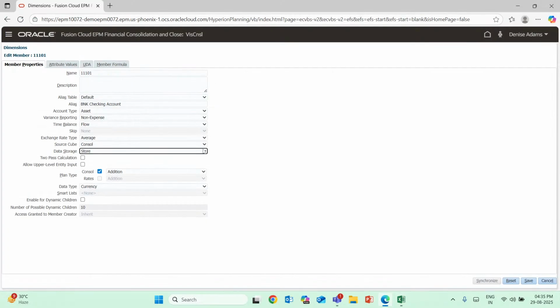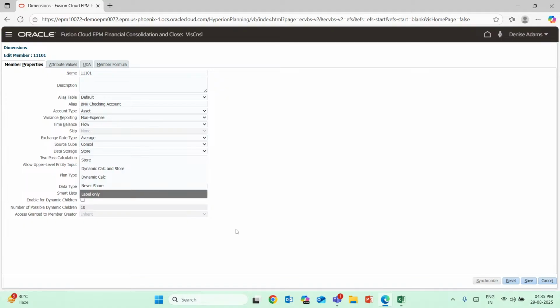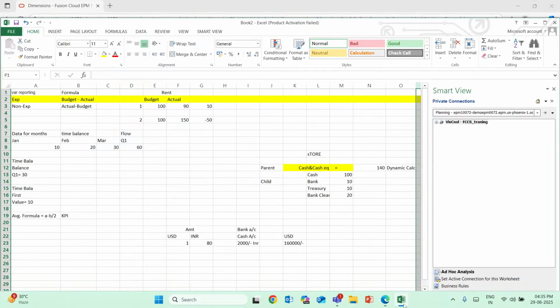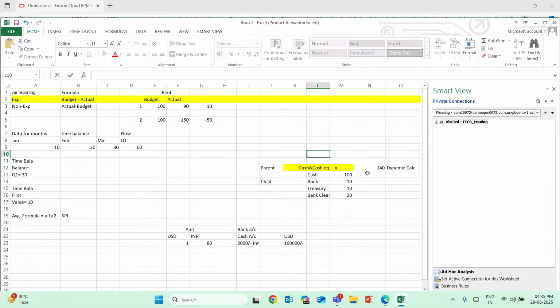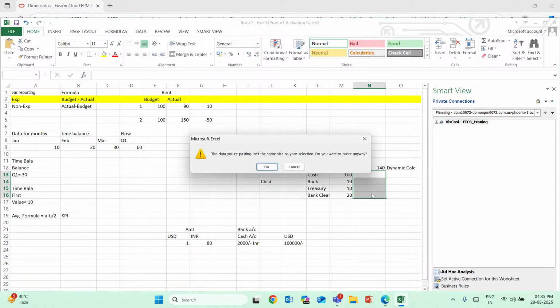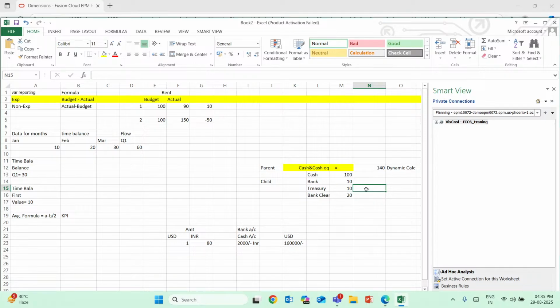Next we have never share. Never share is similar to store.